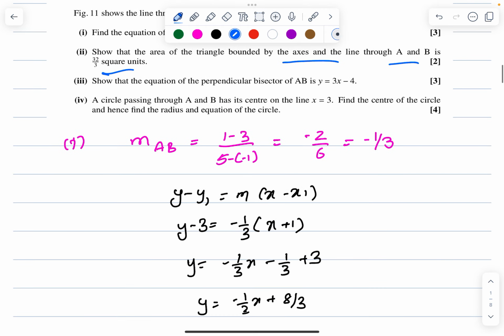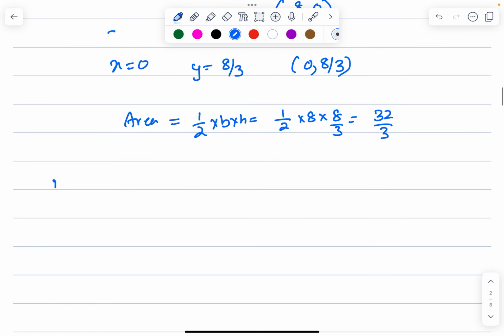Next, show that the equation of the perpendicular bisector. I should find the equation of the perpendicular bisector. For that, I will find the gradient of the perpendicular, which is going to be 3. Then I find the midpoint.